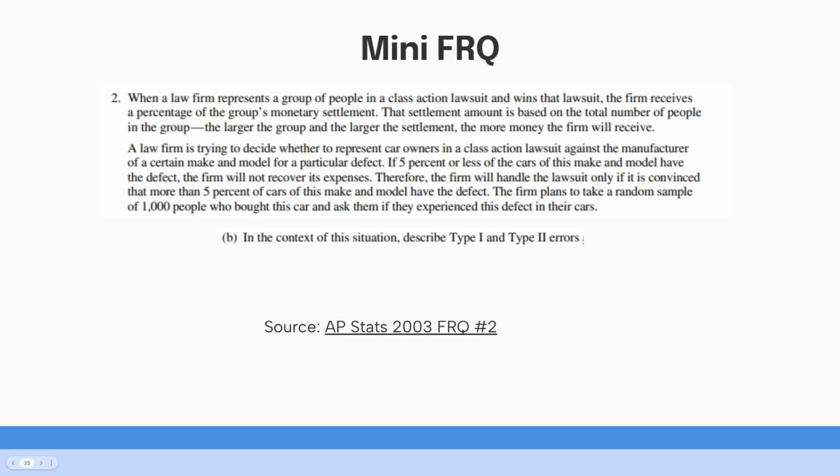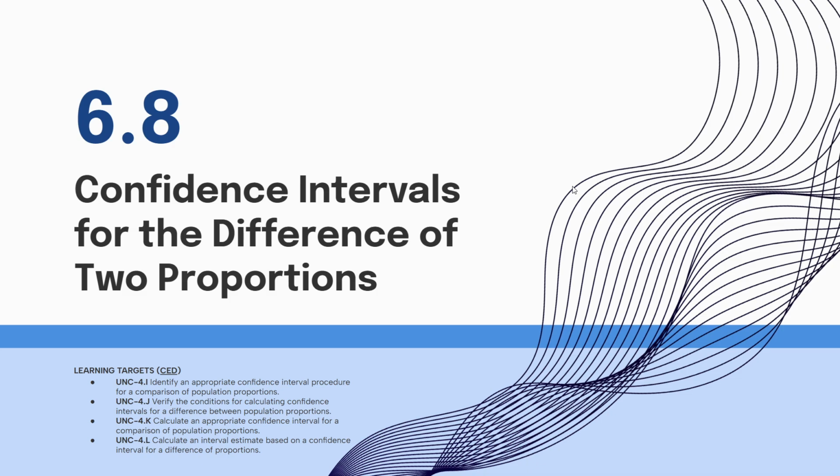Perfect. Awesome. So now we're going to go back to confidence intervals, but we're doing it for the difference of 2 proportions. I'm going to go a little faster because it's a different situation, but it's the same idea. It's the same calculations, same things, just a little bit different.